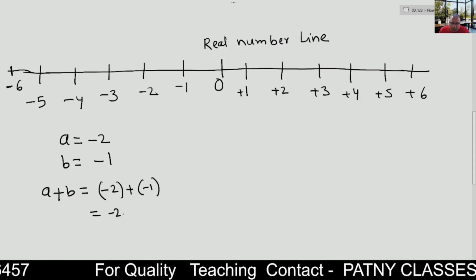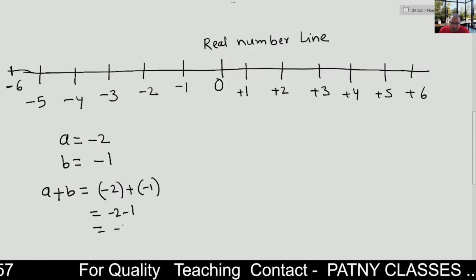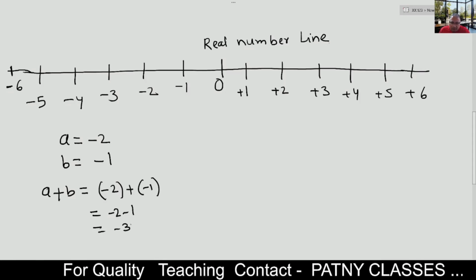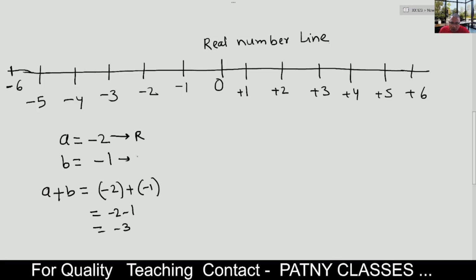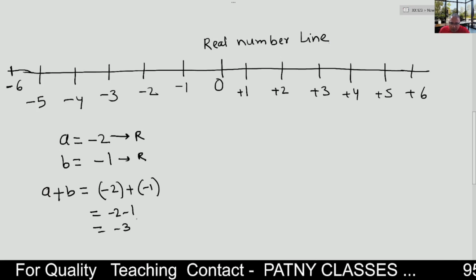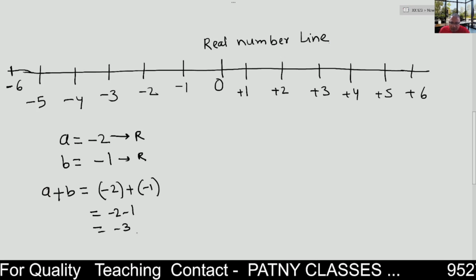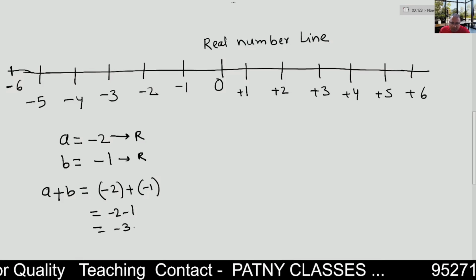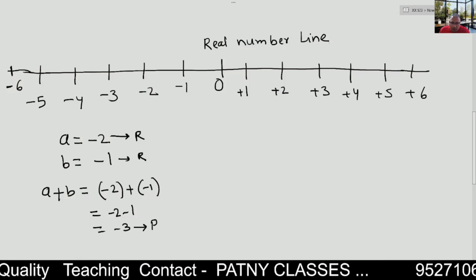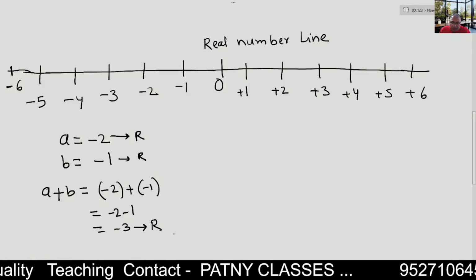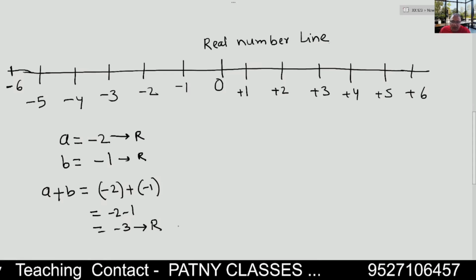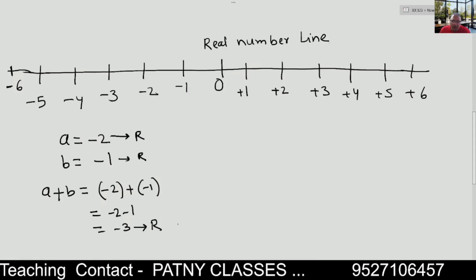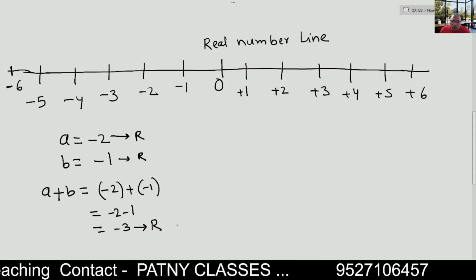So -2 -1 equals -3. A is already a real number, B is already a real number. When I added the two real numbers, I got -3. -3 is also a real number. Thus, closure property of addition tells us the addition of two real numbers is also a real number.